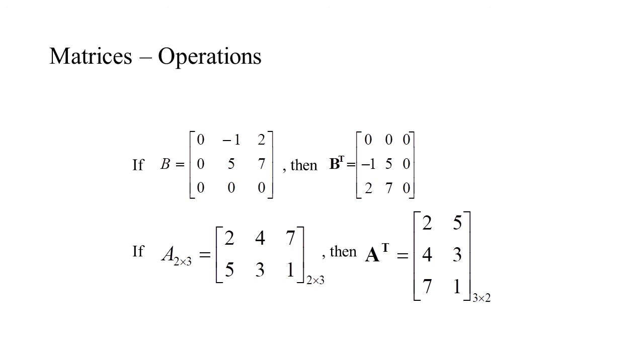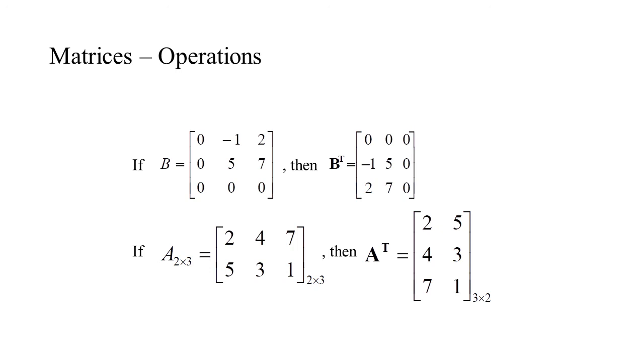We take the first row 0, minus 1, 2, and write it as the first column. We take the second row 0, 5, 7, and write it as the second column. We take the third row 0, 0, 0 as the third column. It is a 3 cross 3 matrix, and B transpose is also a 3 cross 3 matrix, but the rows have been changed into the columns.